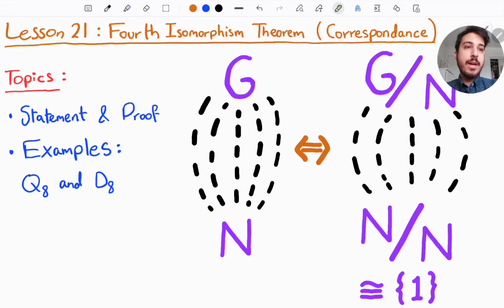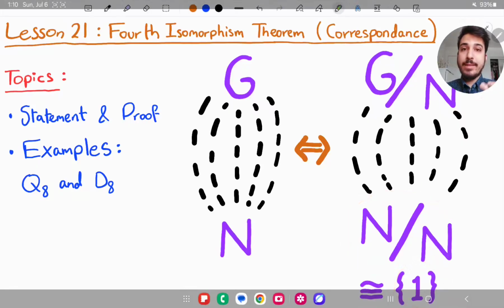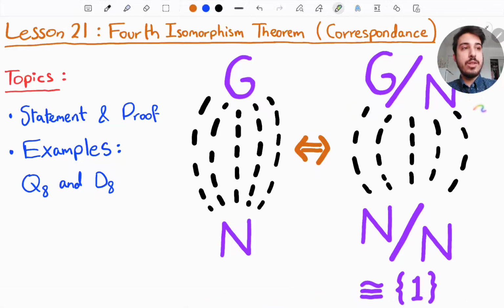On the left-hand side, I've drawn all of the subgroups in between G and N, so basically the subgroups of G that contain N. And on the right-hand side, I have all of the subgroups of the quotient group G by N. We realize here that if we collapse N by itself, we get something that is isomorphic to the identity. So this is essentially the complete lattice of the quotient group G by N.